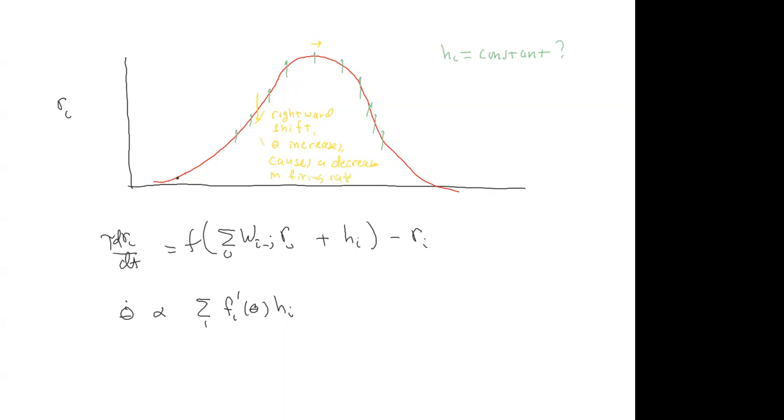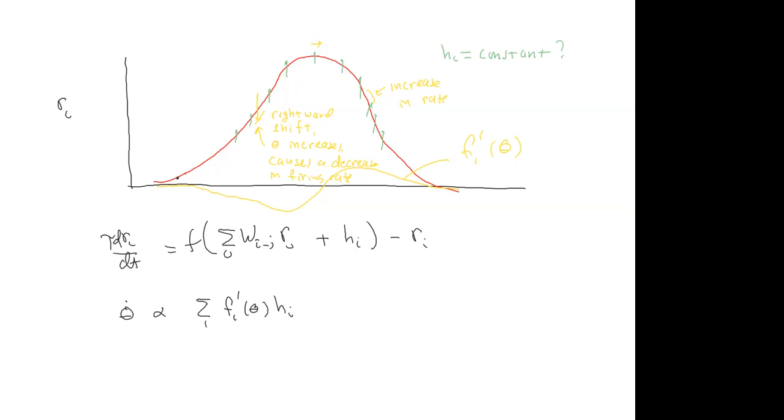Because a decrease in firing rate over here causes an increase in firing rate over here. So if we plotted fi prime, it would have the shape of, so fi prime is actually negative, 0, and positive here. So this is fi prime of theta, okay? And it's basically an odd function.